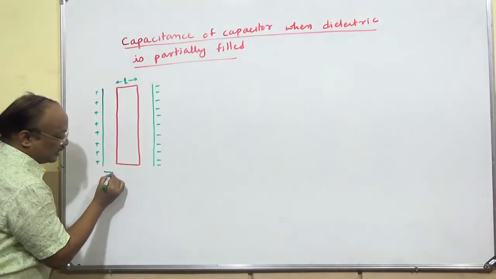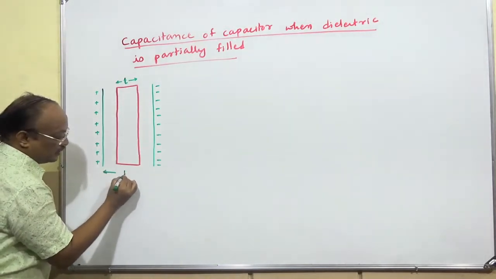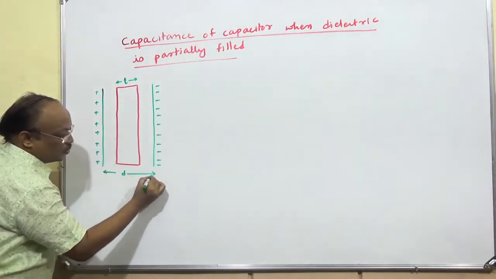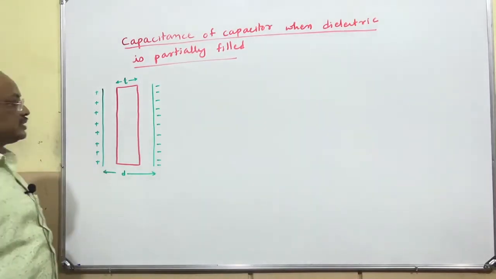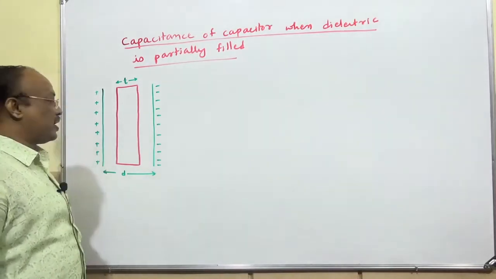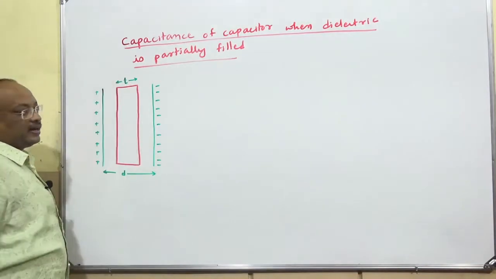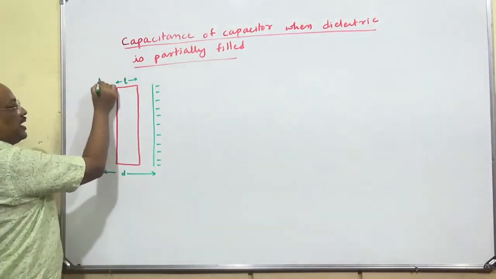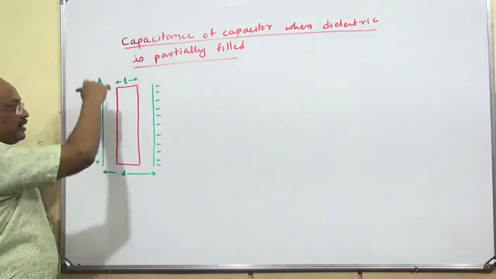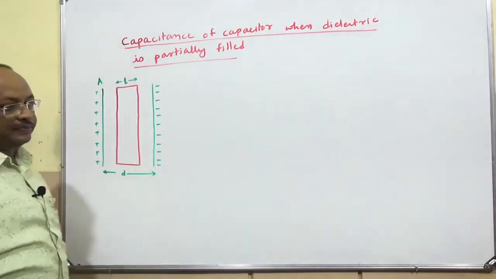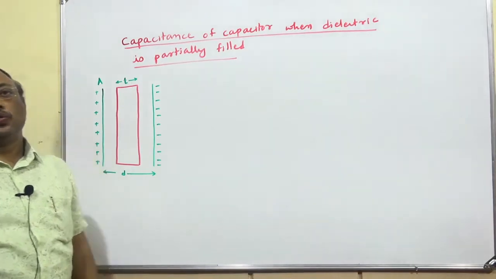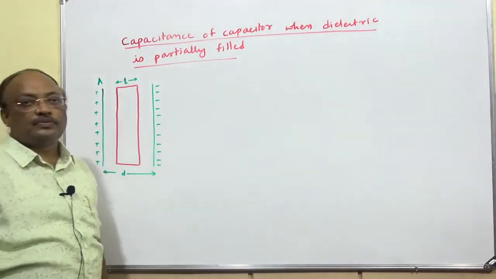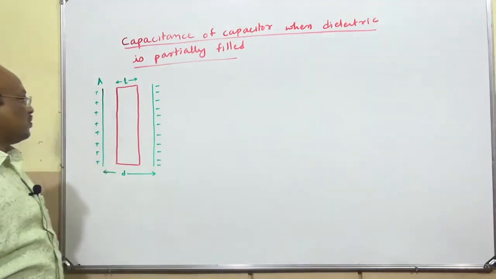D is the separation between the two plates. T is the thickness and A is the area of the plates.